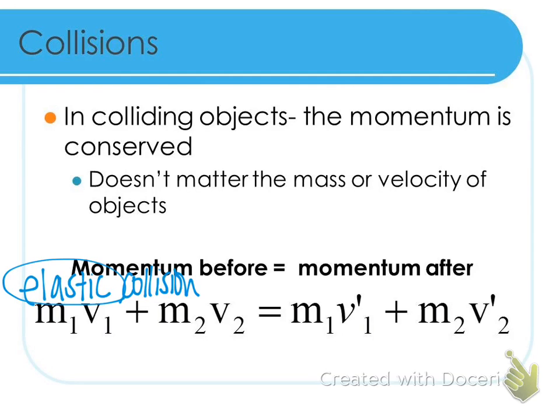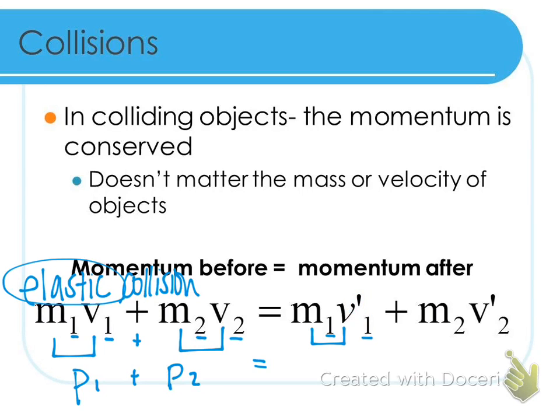So if you look at each of these individual terms, you can see that mass times velocity of the first object plus mass times velocity of the second object, which is essentially momentum of the first object plus momentum of the second object, equals mass times velocity of the first object, and then it's got this little sign up here that we call prime.